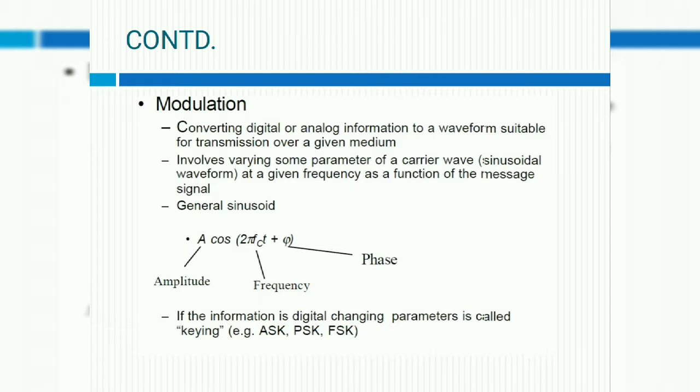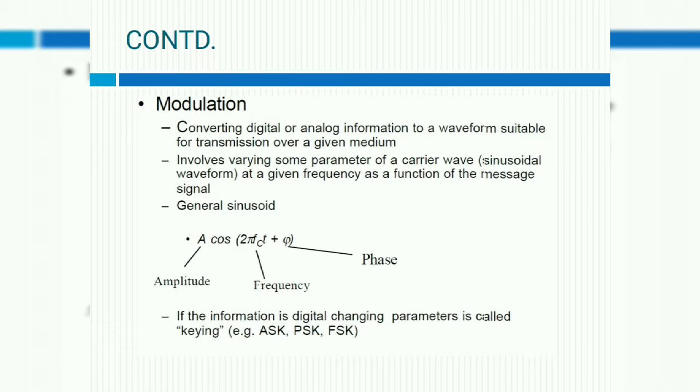Generally it involves varying some parameters of a sinusoidal carrier wave at a given frequency as a function of the message signal. The generic sinusoidal wave is given by A cos(2π fc t + φ). Here A is the amplitude of the signal, fc is the frequency, and φ is the phase.